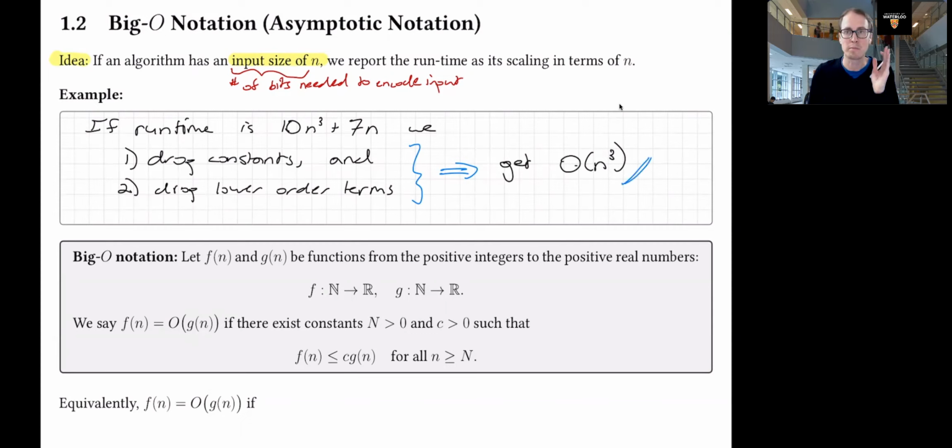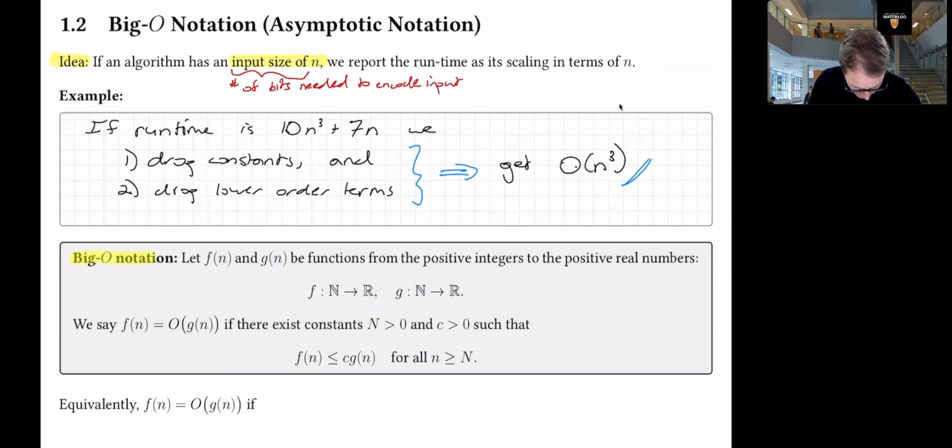More formally, big O notation can be defined as follows. Let's say I have two functions, f of n and g of n. They're each functions from the positive integers, denoted with this script N, like that, and positive reals is this kind of script R. So they map from the positive integers to the positive reals.